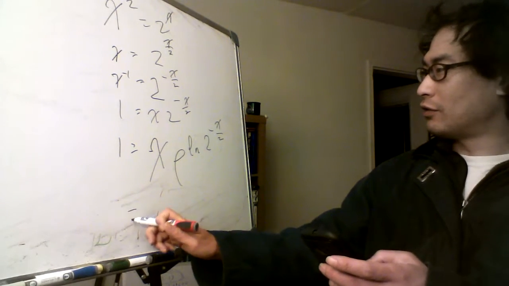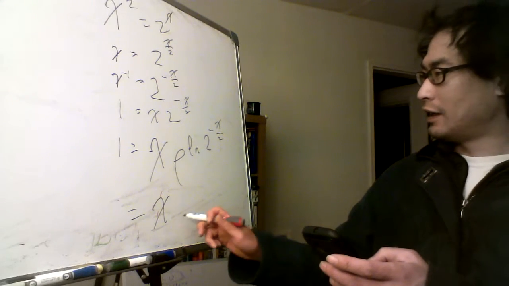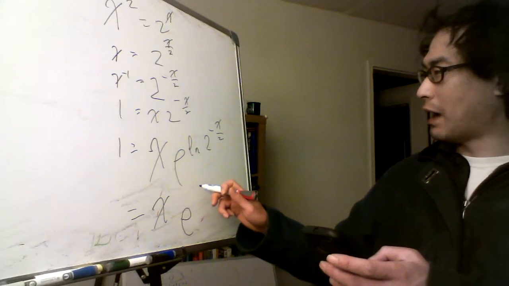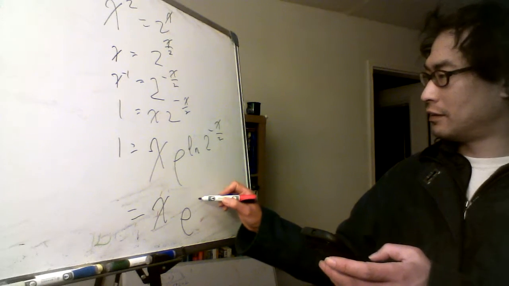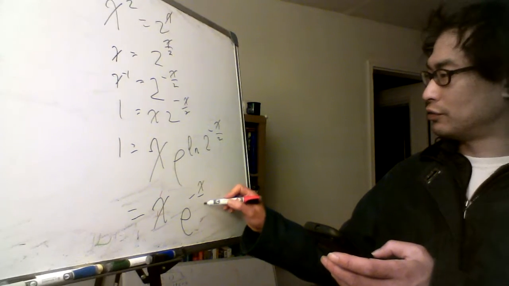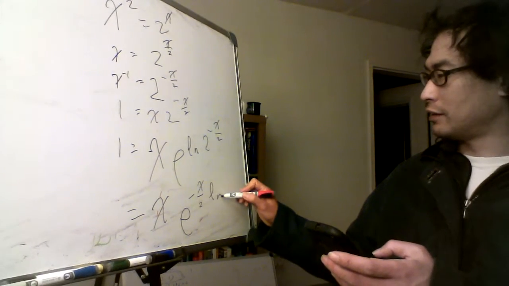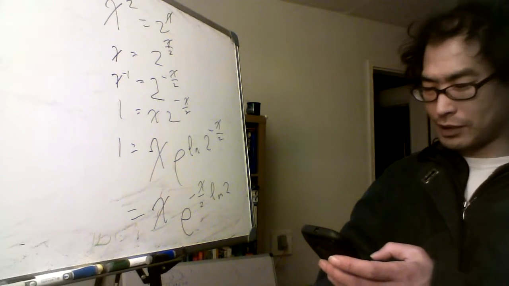So this is equal to x times e to the minus x over 2 ln 2. He skipped a couple of steps here.